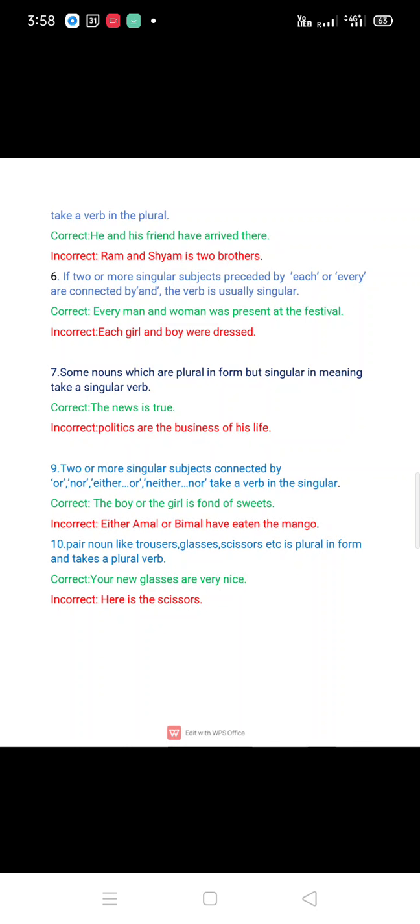Like your glasses are very nice, not your glasses is very nice, or here are the scissors, not here is the scissors, because these are pair nouns and pair nouns always take a plural verb.